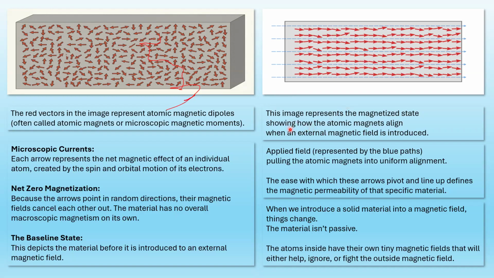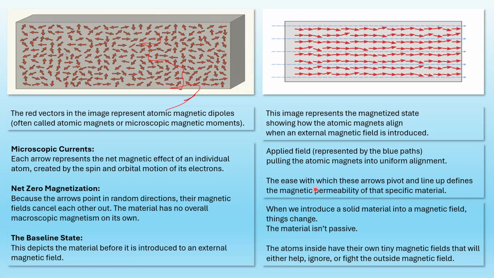Alright, let's go back here again. This image represents the magnetized state showing how atomic magnets align when an external magnetic field is introduced. The applied field, represented by the blue lines, the blue paths here, is pulling the atomic magnets into uniform alignment.